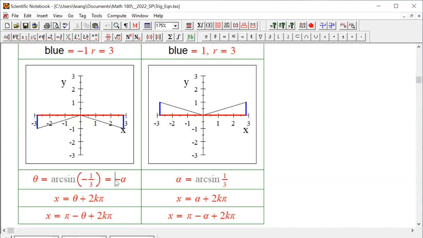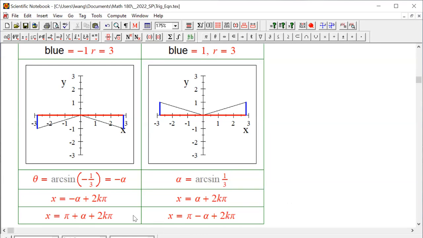So you can replace the theta by alpha, and replace this theta by alpha. And there you go. So this is now pi plus alpha.